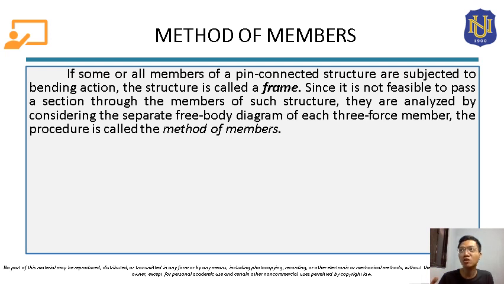So we will disassemble the members in a frame and analyze the free body diagram of each member, and from that we solve. We often call this the backlash method, because binabaklas natin, or we are disassembling the members here and analyzing the free body diagram of each member. From that we start solving for the forces involved in each free body diagram.